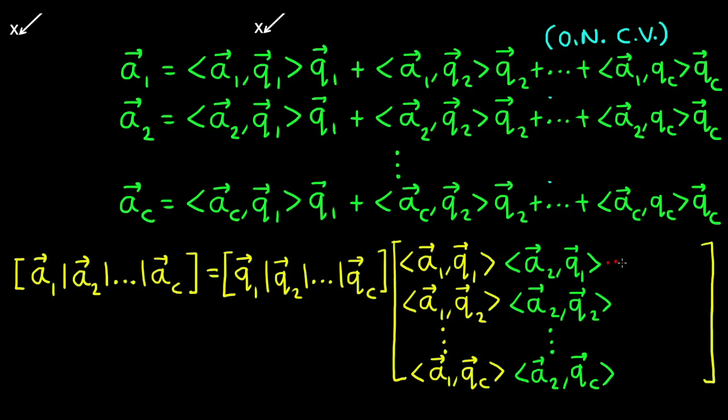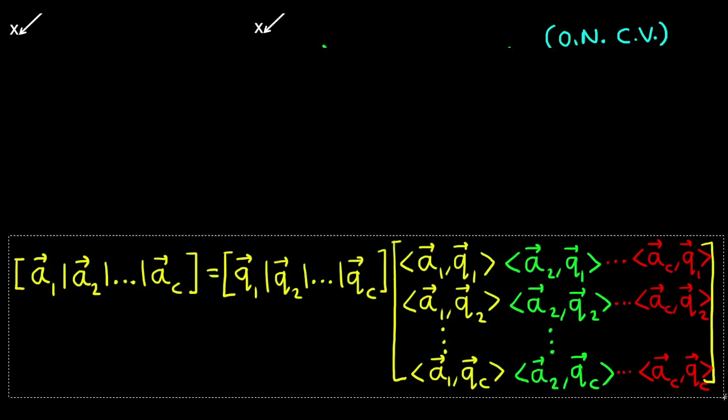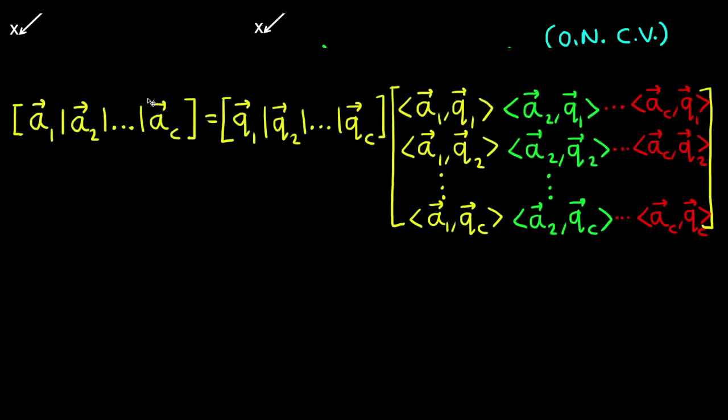If you continue this, you'd have the inner product between AC and Q1, and AC and Q2, and AC and QC. So now let's remove this and look at our matrix form. I'll just put that up here.